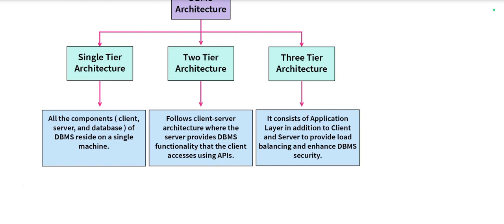If the user sends any request, it will go to the application server, which will manage the user request, and if the request is valid, it will proceed further, perform the operation in the database, and show the result to the user. This is done by the application server.